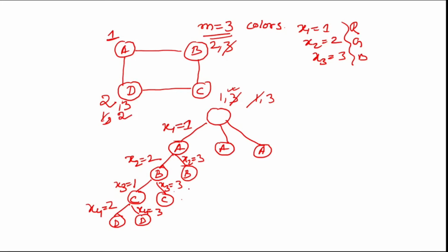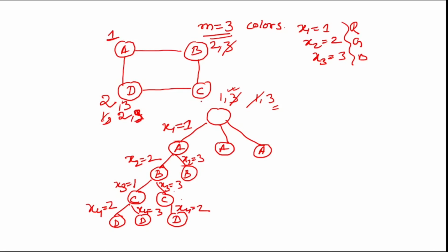Also 3, right? No, I have chosen 3 for C, so 3 cannot be there, it would be adjacent. And 1, if you choose, will be the same color as A. So it will be 2 only, correct? So this is x4 equal to 2.